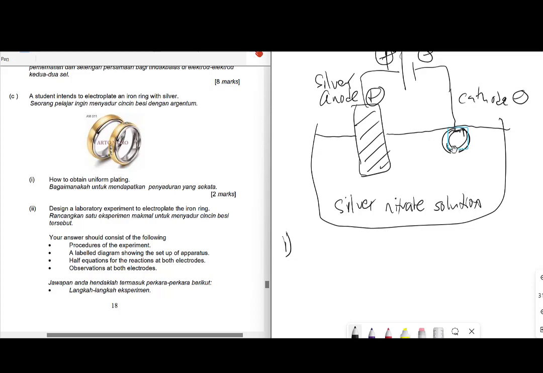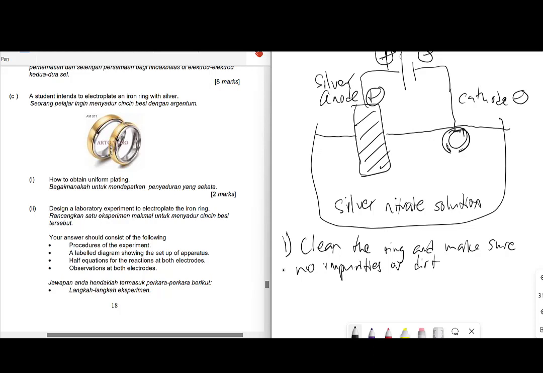Make sure it's clean, no impurity, no grease, no dirt, so that later the electroplating is complete and perfect. So to obtain a uniform plating, you say clean the ring and make sure no impurity or dirt.